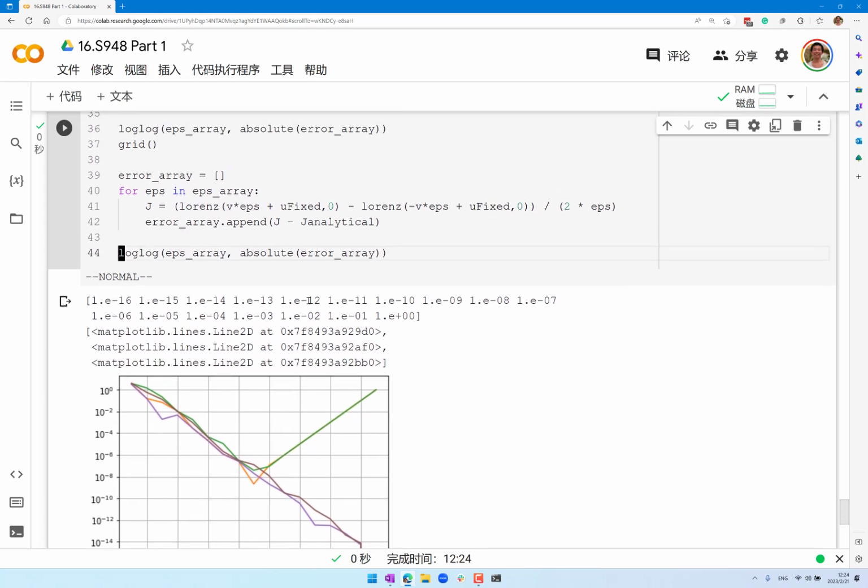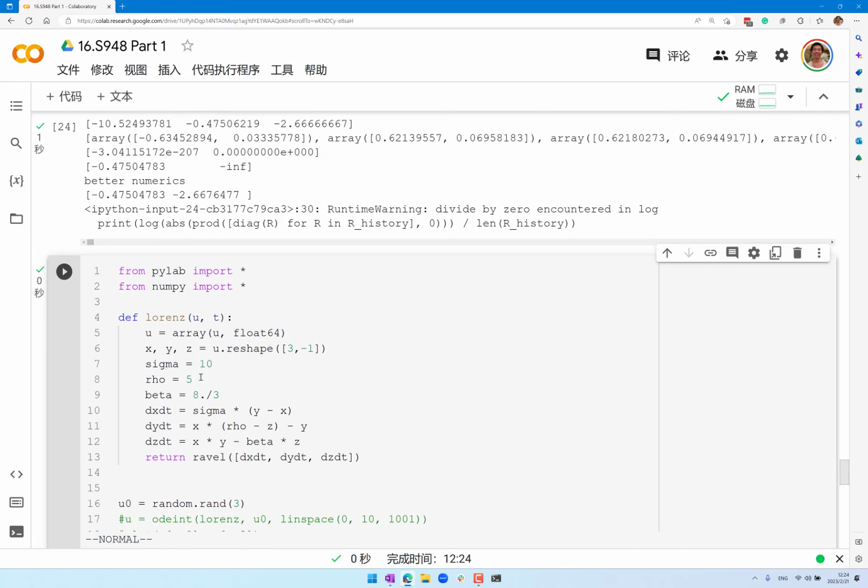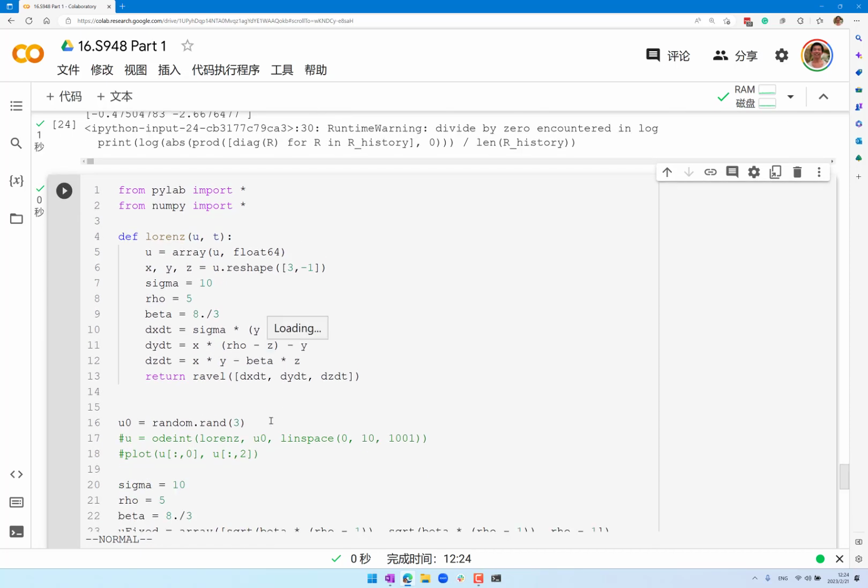Oh, bad example again. You can see the Lorentz is a quadratic function, right? First of all, the three derivatives are polynomials of the state x, y, z, and the highest order terms are quadratic, like x times y and x times z, and that makes the second order formula exact.